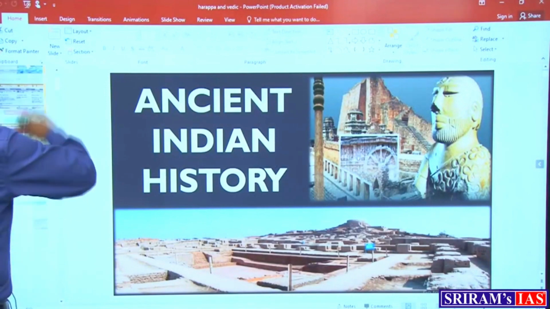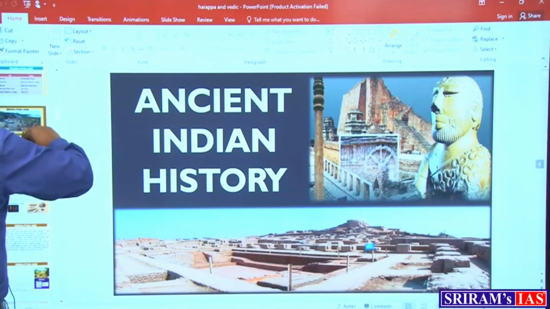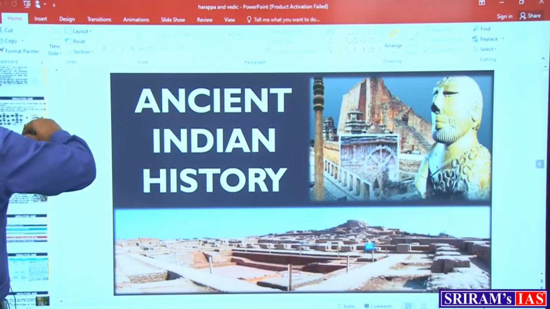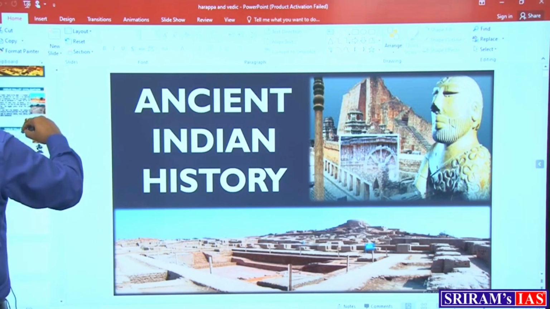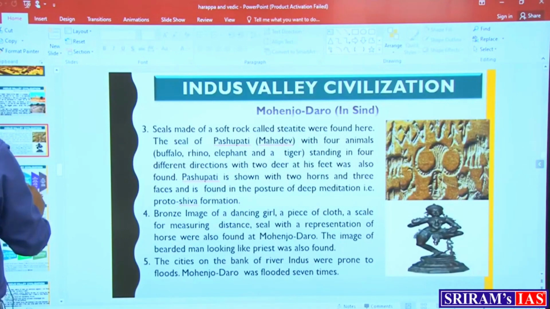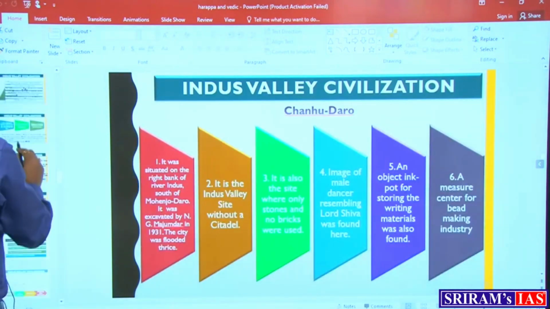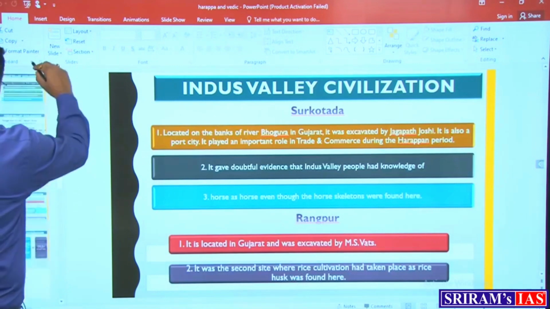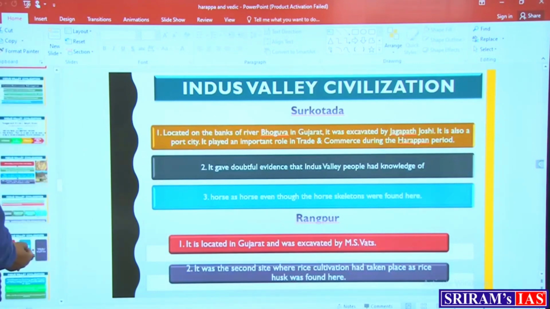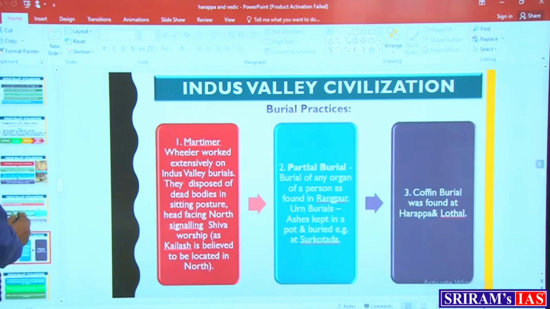Trade of Harappan civilization. We have the list of trading items.